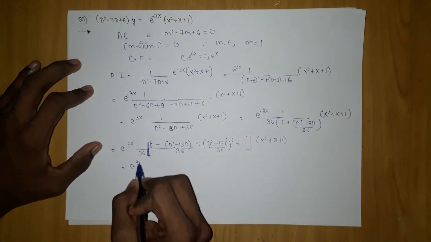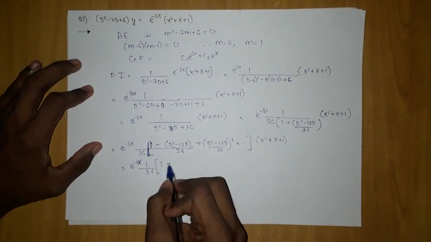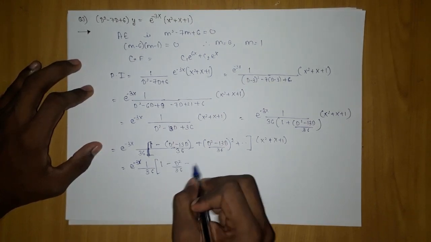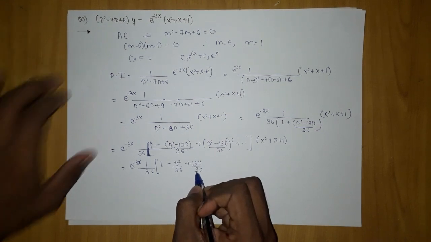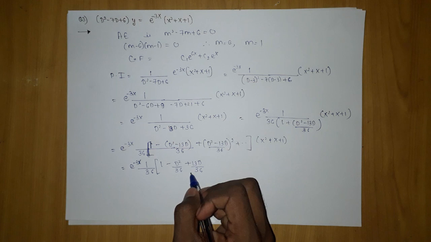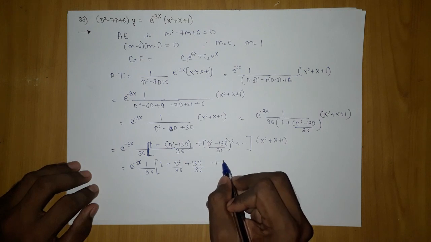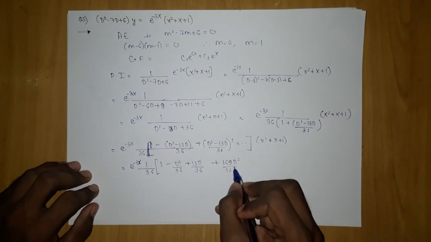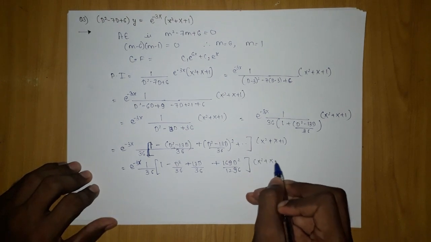So e to the power minus 3x by 36 bracket 1 minus, we are going to consider this D square by 36 minus 13D by 36, plus 13D by 36. In the expansion of this, we are going to get the highest power term, which will be plus 169 D square by 1296, which is 36 square, bracket (x square plus x plus 1).